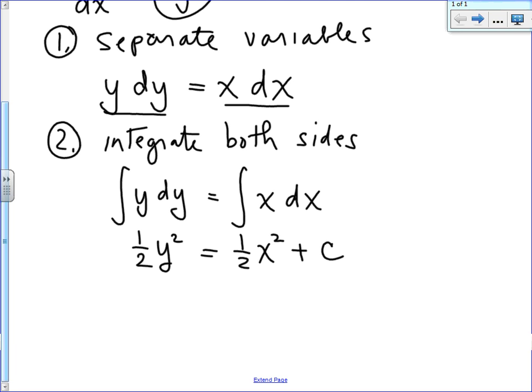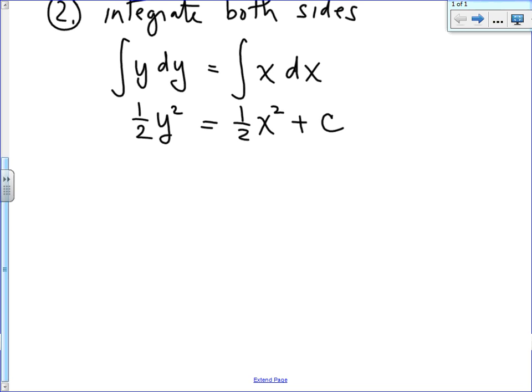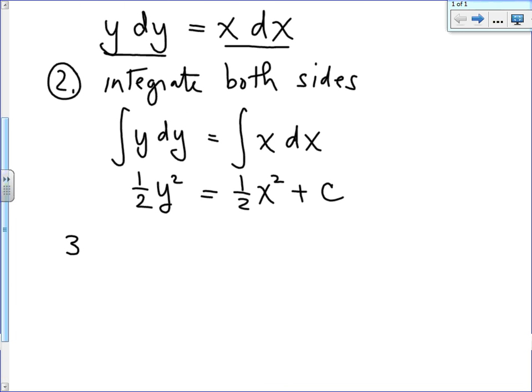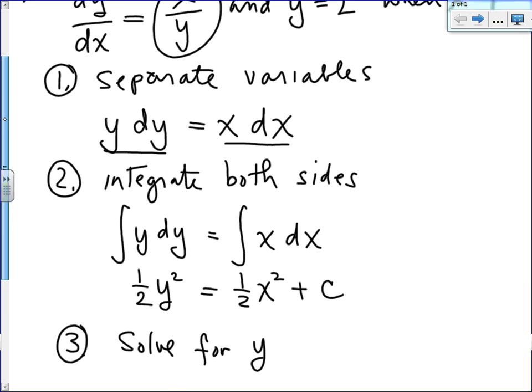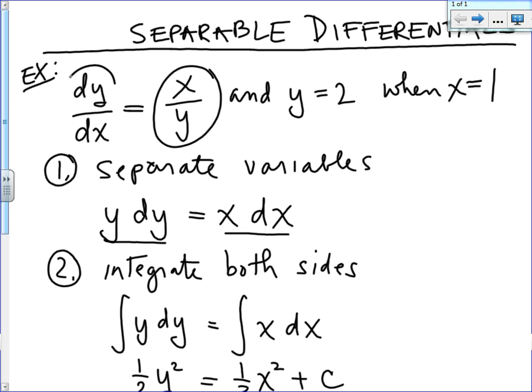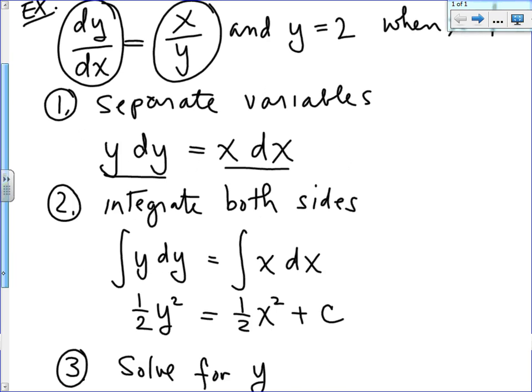Now we go to step three, which is to solve for y. The goal is to get an equation in terms of y. Remember, we started with dy/dx, and what I'm trying to do is get an equation in y. Right now it's in terms of dy/dx.